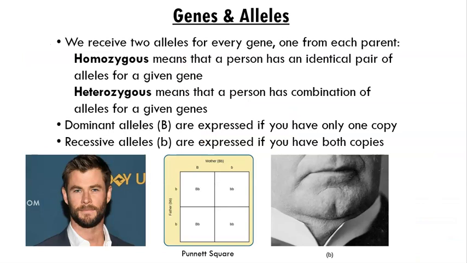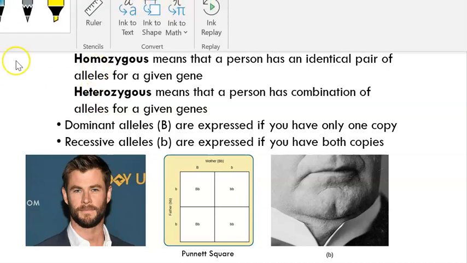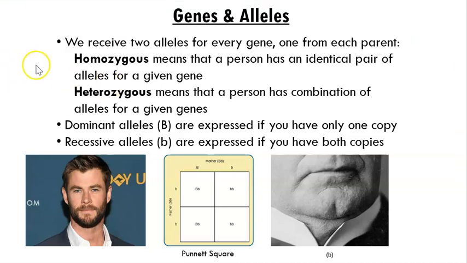Now, we'll also talk about either homozygous or heterozygous. Homozygous means the same gene. So again, if we talk about the big A's and the little a's, homozygous would mean big A, big A, because it means same.